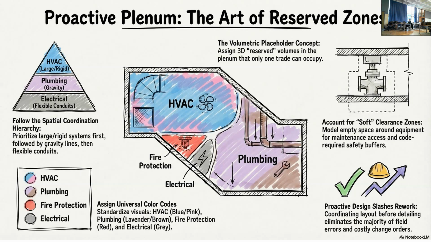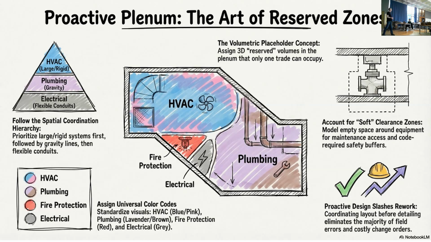So the space is designed where we have the plumbing, the fire protection, and electrical, and the spaces for all these are basically separate. You know that you cannot put anything else there. We call this reserved zones.